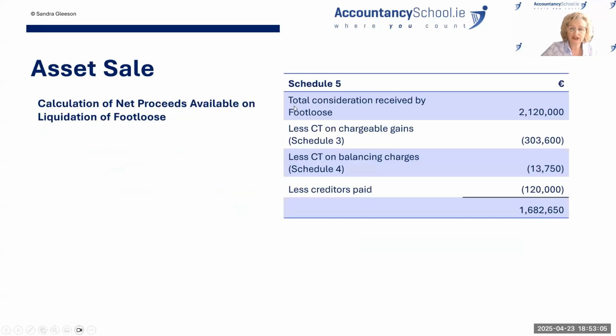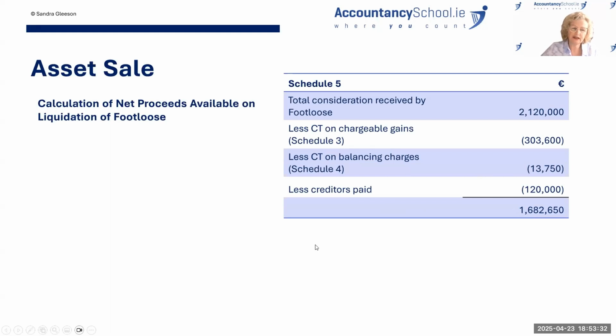The total consideration that will be received by Footloose is that 2.12 million, minus the CT on the chargeable gains and the CT on the balancing charges. And then don't forget that there were creditors on the statement of financial position. They would have to be paid off. So that gives us a net 1.68 million of proceeds in Footloose after the disposal of all of our assets.